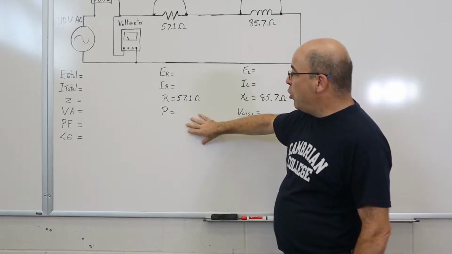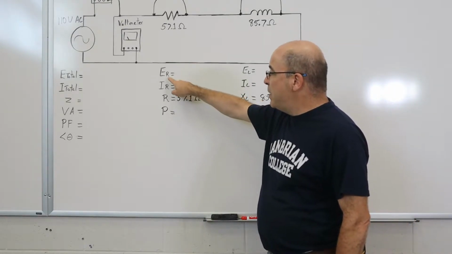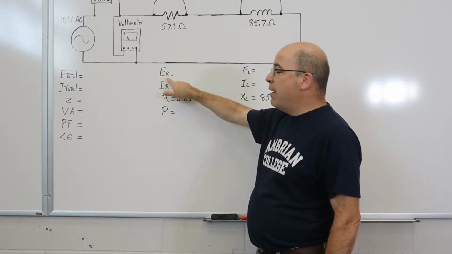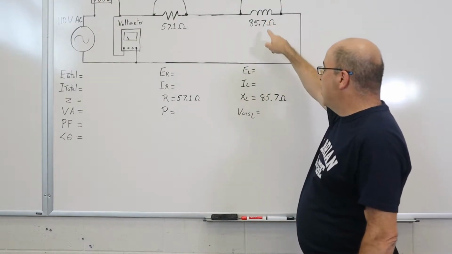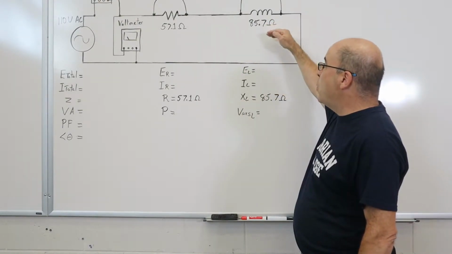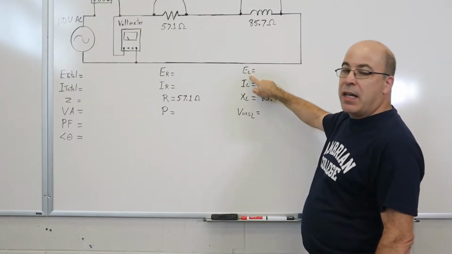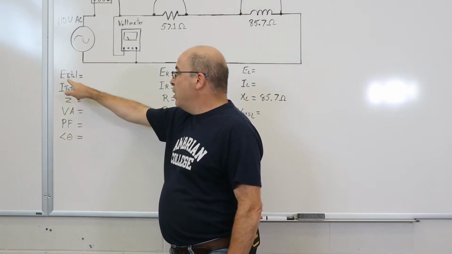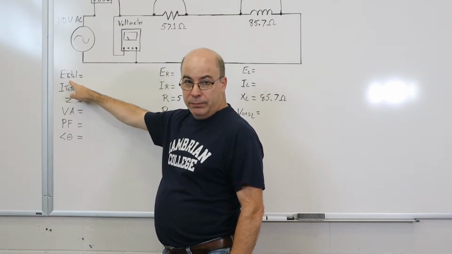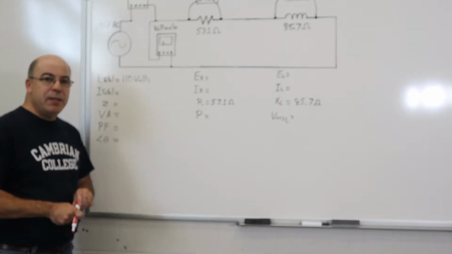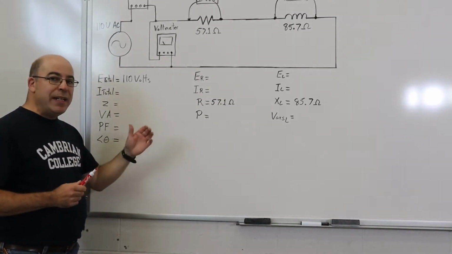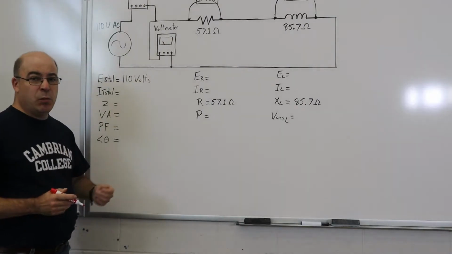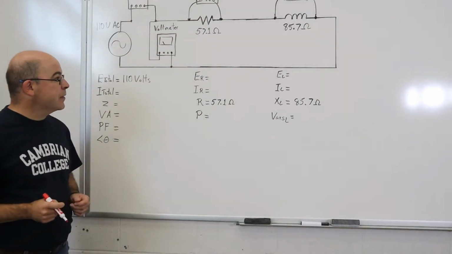To make sure that we can differentiate, I've put a subscript: the voltage drop across the resistor will have an R, and any of the values associated with the inductor will be identified with an L. Values associated with the entire circuit will be with a T, meaning total. I'm going to be using a red magic marker so we can differentiate between the given values in our circuit and those that we're going to calculate through this process.